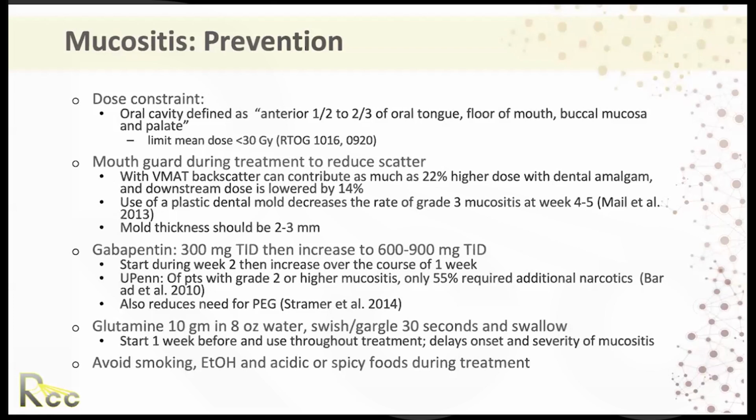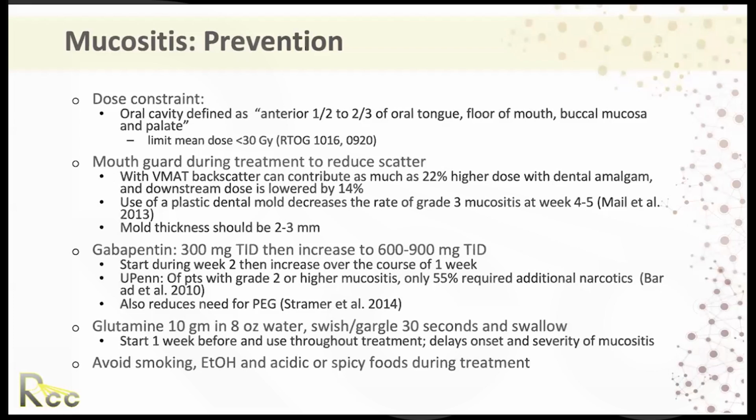Other things that I think have really been shown to help with mucositis and its severity is a drug called gabapentin. Gabapentin is a neuropathic pain modulating agent and something that I now routinely use in practice. For most patients, especially those getting chemoradiation, I will start them on upfront gabapentin at week 1 of treatment and then titrate to what is reasonably tolerated by patients.